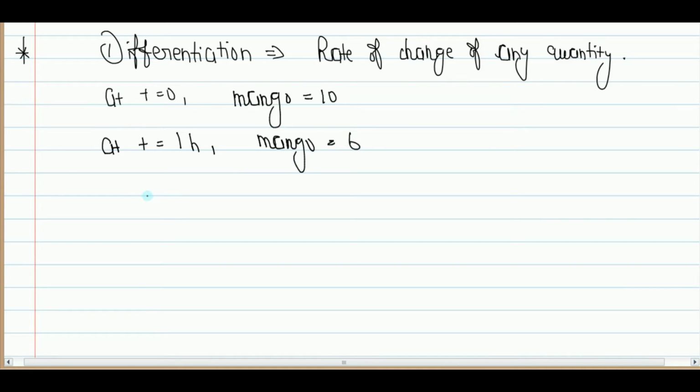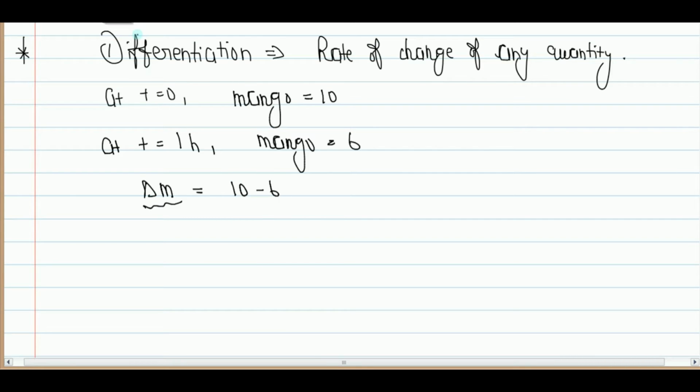If I ask how much the change for the mango is, representing it by delta m, earlier it was 10, now it is 6, so it has changed by 4.